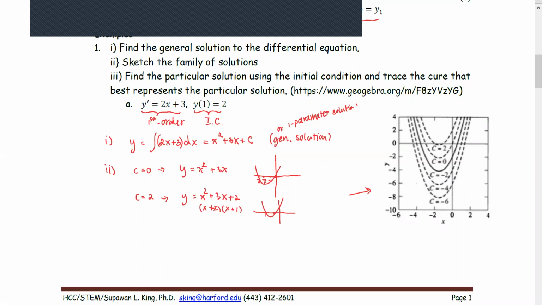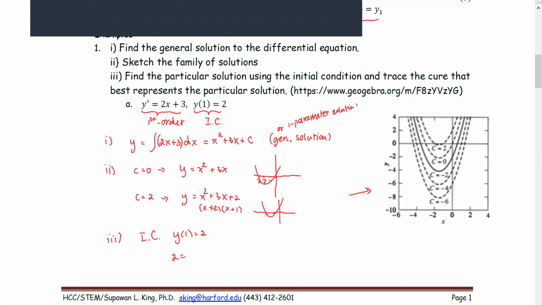And for part 3, find a particular solution. The initial condition, y at 1 equals 2. We are going to find c.